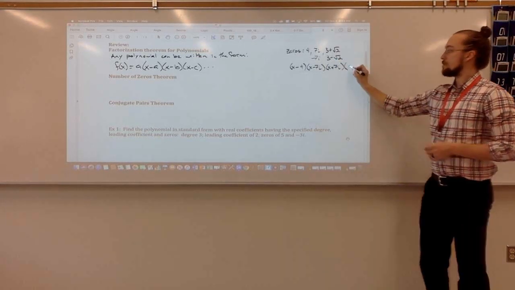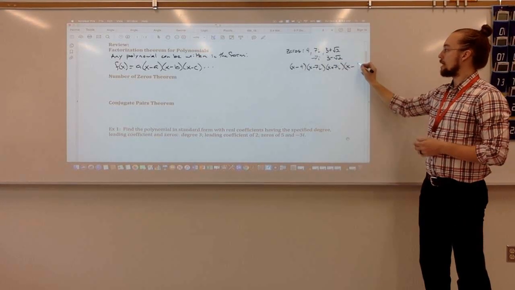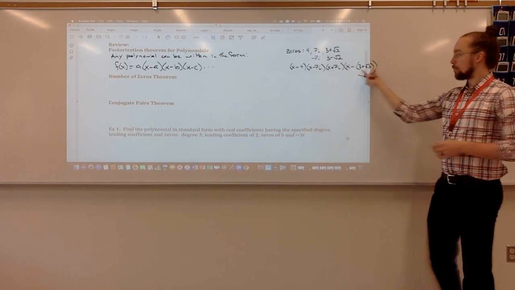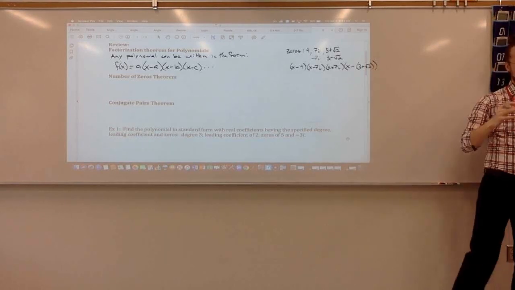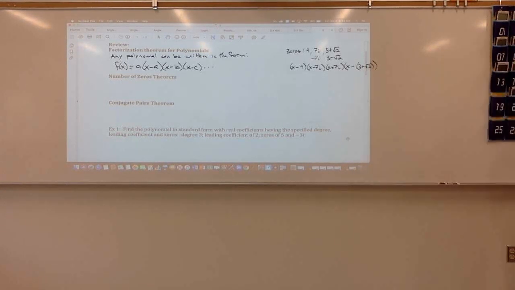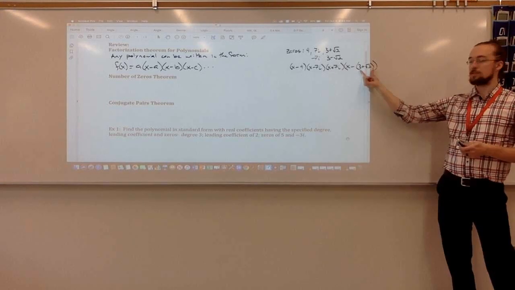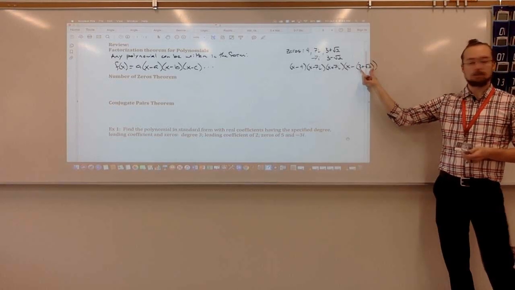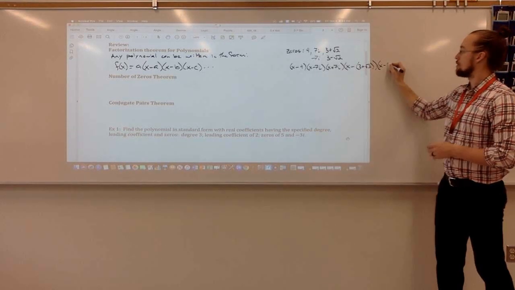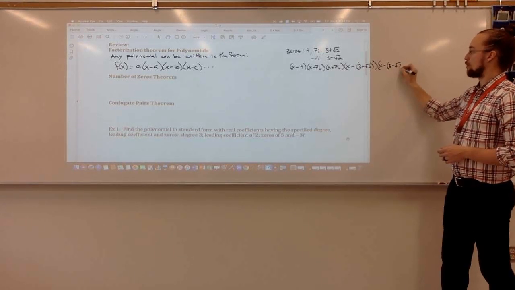Then for these, x minus (3 plus the square root of 2). When we have something that has more than one term as a 0, we want to put it in parentheses when we're writing out the factor. Then the last one would be x minus (3 minus the square root of 2).